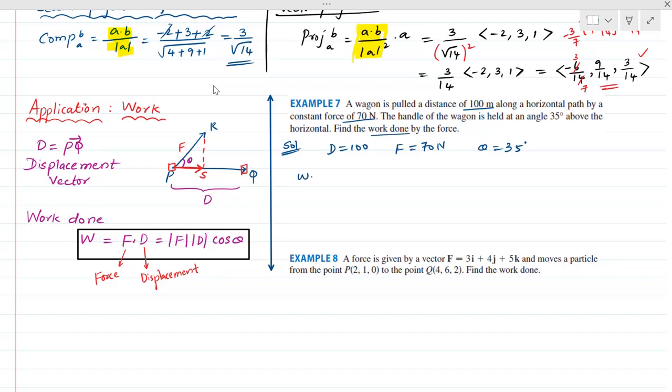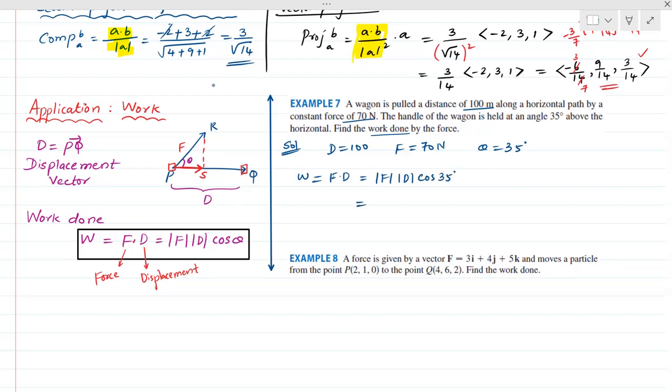The work done is equal to F into D, which is the magnitude of F, magnitude of D, and then cosine 35.